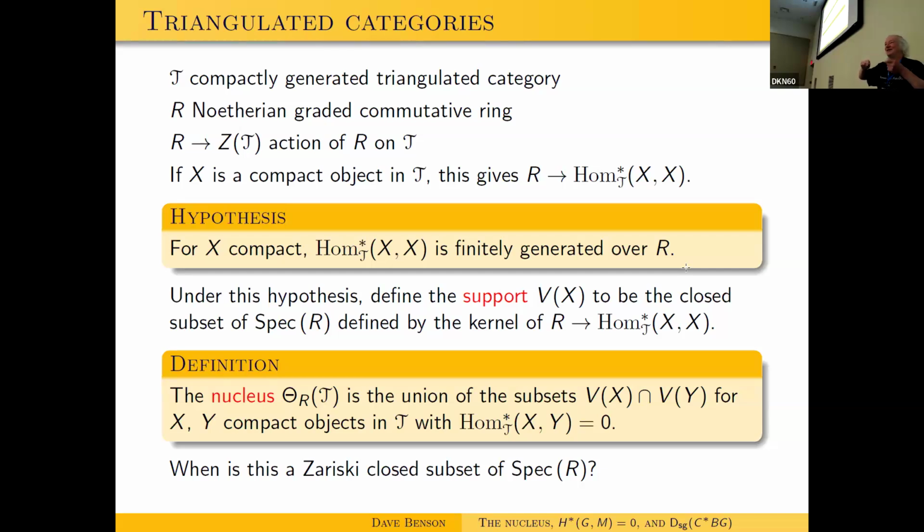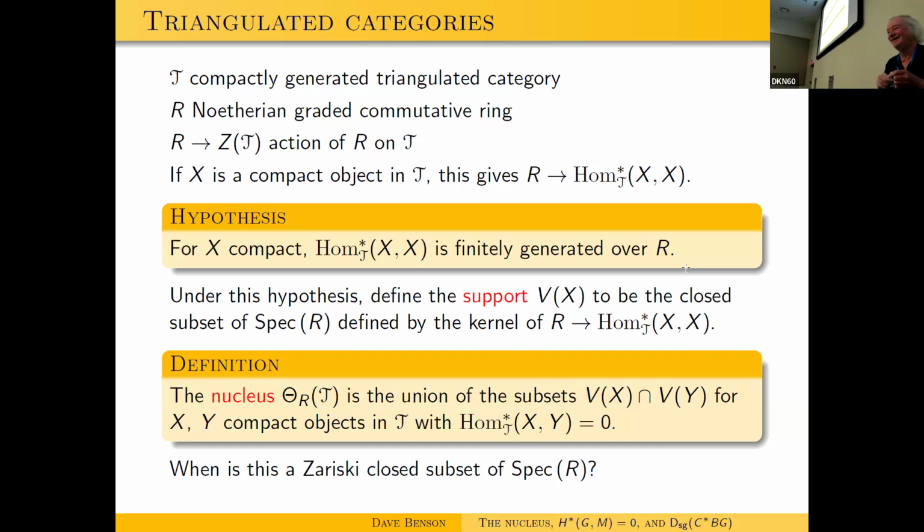Yeah, the other way around. But you don't really have to bother about the dual because a module and its dual have the same support. So you may as well think about Hom(M,N).